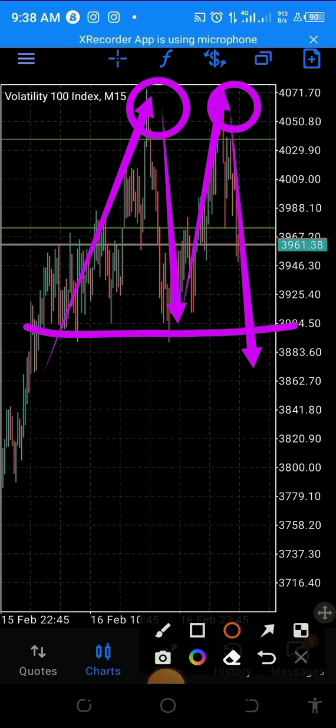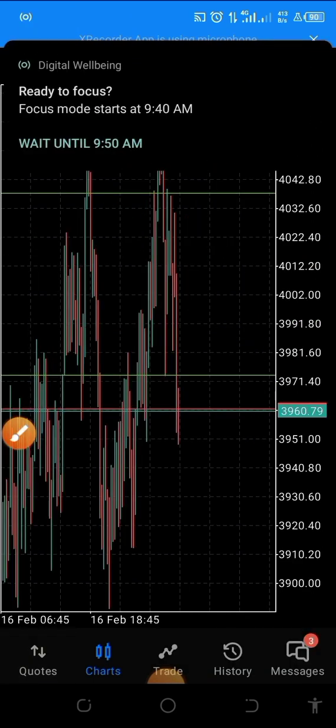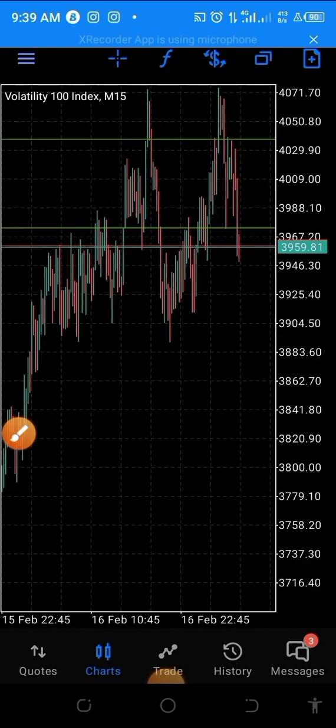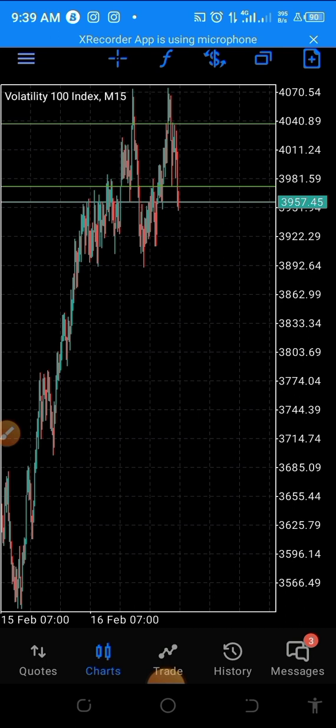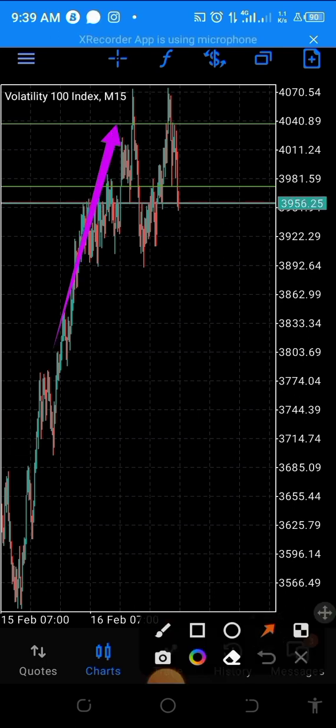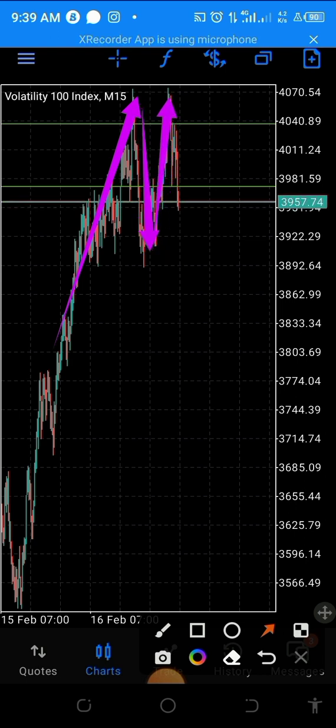The market is going to break here. After breaking, it is not going to go straight down smoothly, but it will come back to retest. The market is going to make this kind of movement: first top, second top, now the third top, and then break that zone.